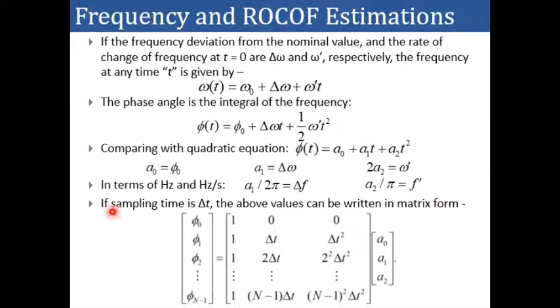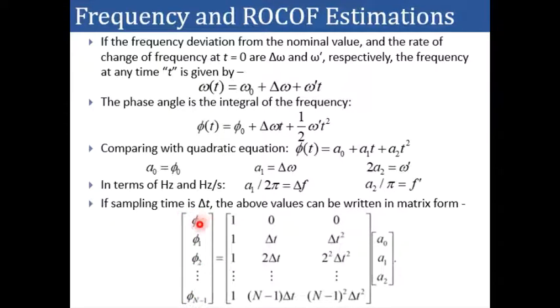Now if you are taking samples from the field and the sampling time is delta t, which is being processed by the PMU, if you put the sample values in the above equation, we can collect this data in matrix form. How can we write?